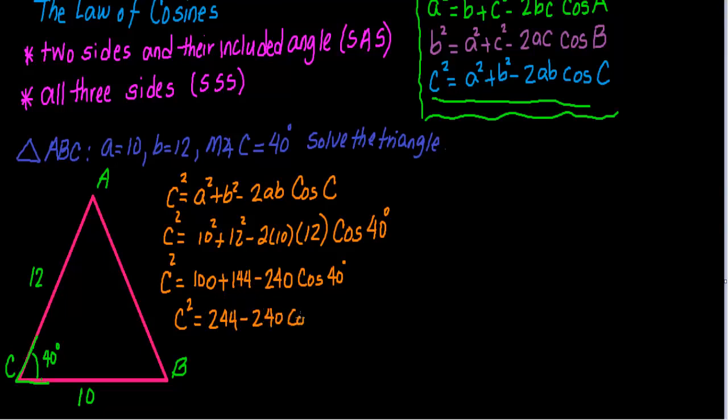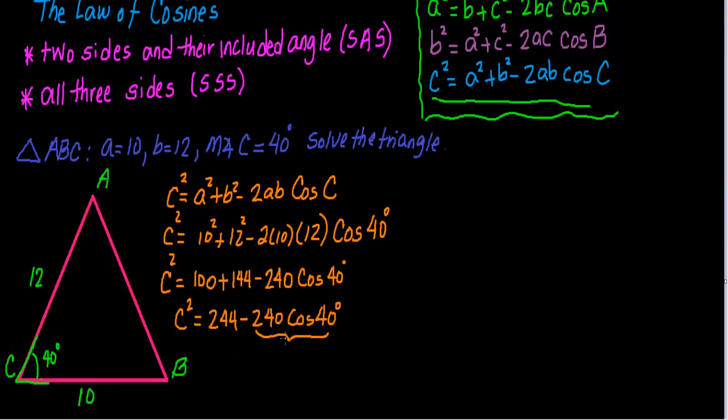240 cosine of 40. Now be careful here. A lot of students will take 244 and subtract 240 from it, and that is wrong. Remember, order of operations, you multiply first, and then you add or subtract. So we have to multiply this quantity first, and then you can subtract that quantity from 244.